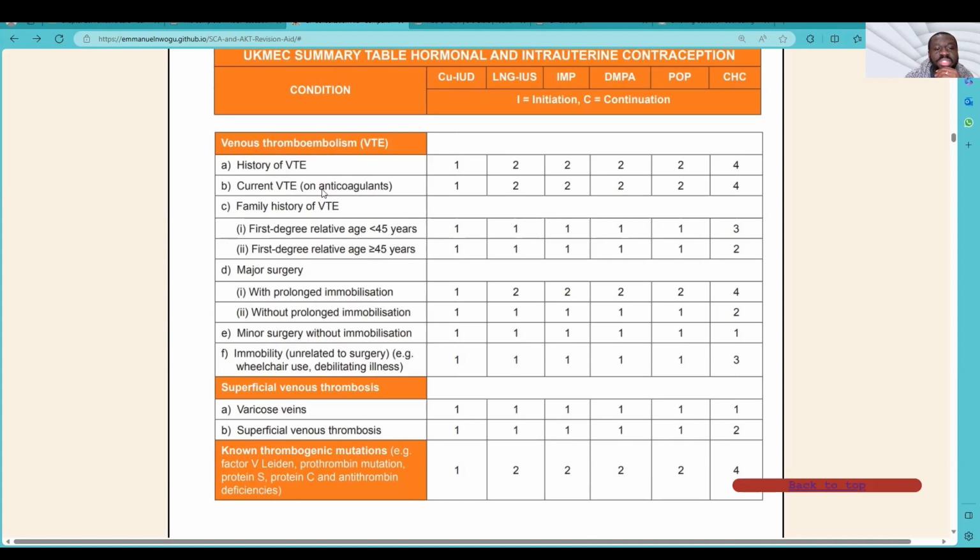If the patient currently has a VTE on anticoagulation, even if the patient is on anticoagulation, you can see that it's an absolute contraindication to use combined hormonal contraception.